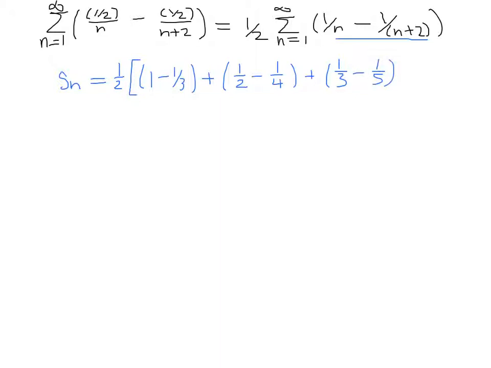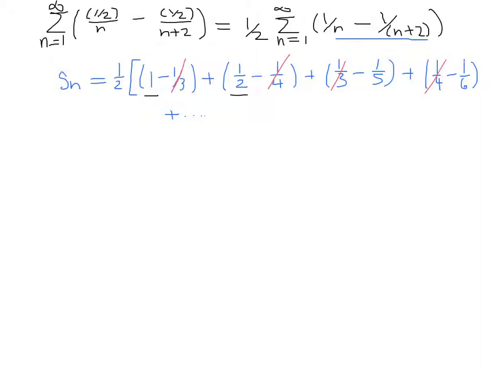And just one more. If I input 4, I'll have a quarter minus a sixth. So, etc. Now notice how many things are canceling. So this 1/3 will definitely cancel with that 1/3. This 1/4 will cancel with that 1/4. My next term will have a 1/5 canceling that 1/5. The first two terms have nothing to cancel with.